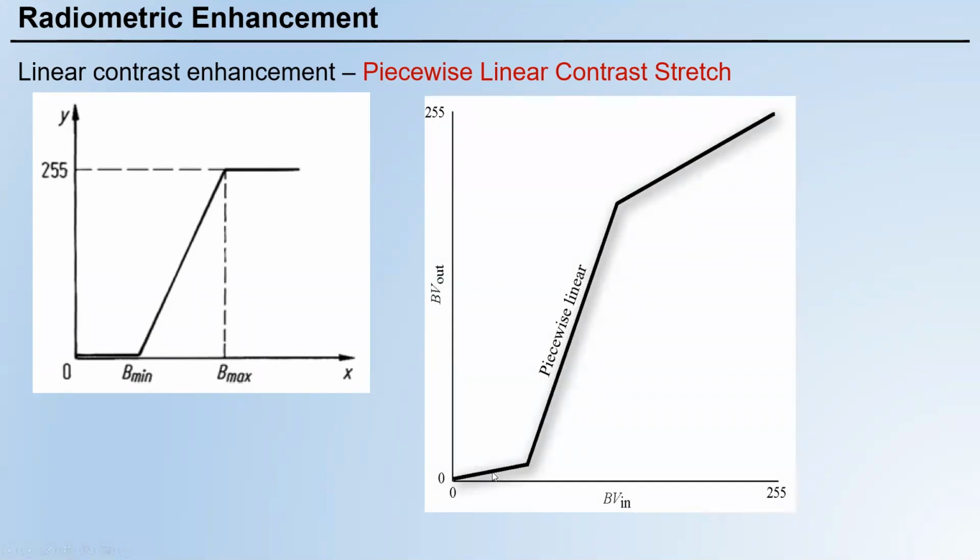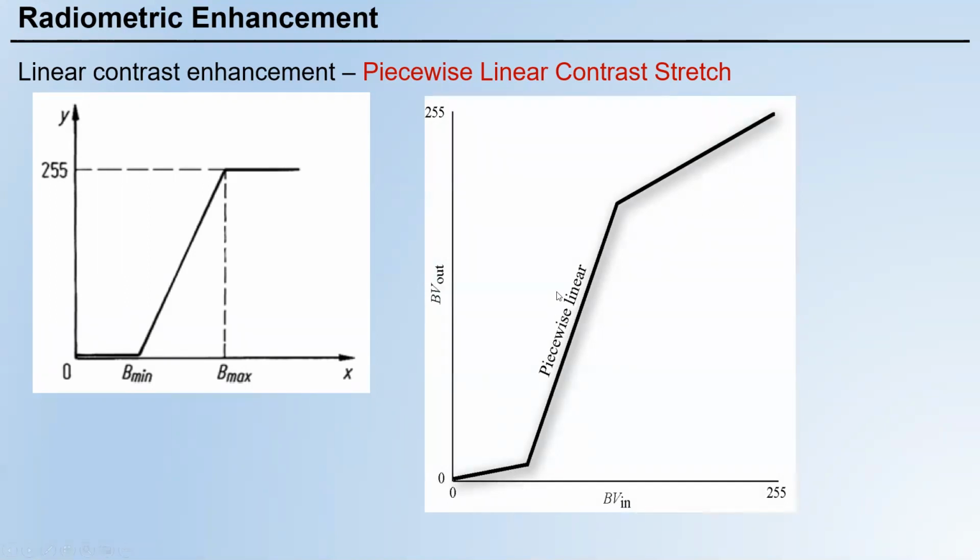So the first function is applied to pixels with values from 0 to this specific value. I do not know the specific value here, but you can consider this part of the image. Pixels with values from 0 to this specific value, they are stretched, they are enhanced by the first segment function.